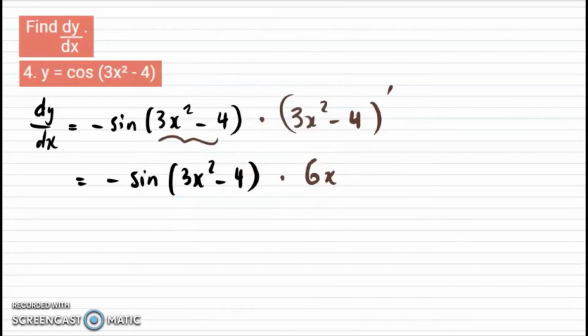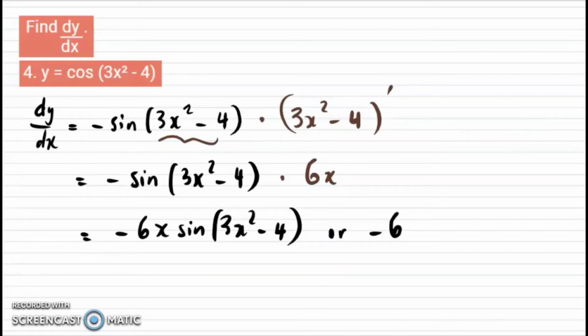So for our final answer, we have either negative 6x sine of 3x squared minus 4, or we can say negative 6 sine of 3x squared minus 4, x. So we put the variable x at the end.